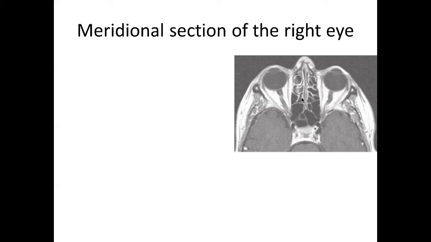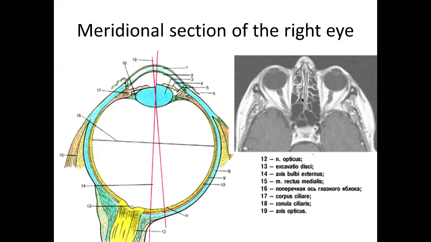And now when we understand this meridional section of the eyeballs, in this MRI picture we have a meridional section in the horizontal plane of both eyes. But now I propose to you a scheme from the textbook of Sapin of the right eyeball.